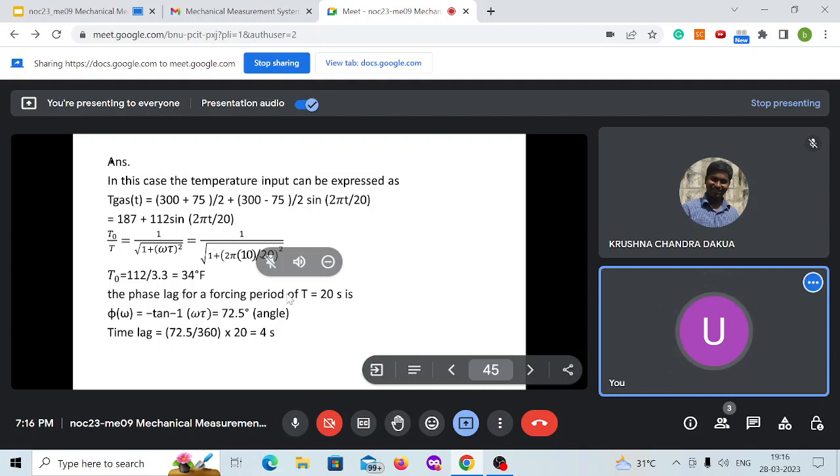The phase lag for a pulsing period of T equal to 20 seconds is phi equals minus tan inverse omega tau. So for this case, we'll get 72.5 degrees. So the time lag will be 72.5 divided by 360 times 20, which will give you 4 seconds.